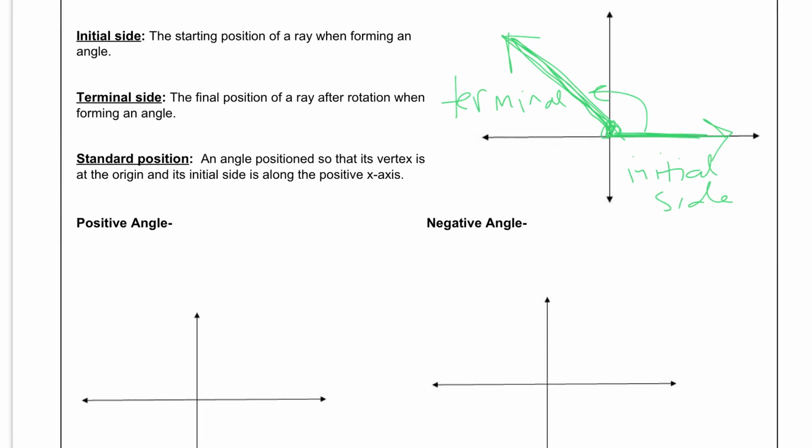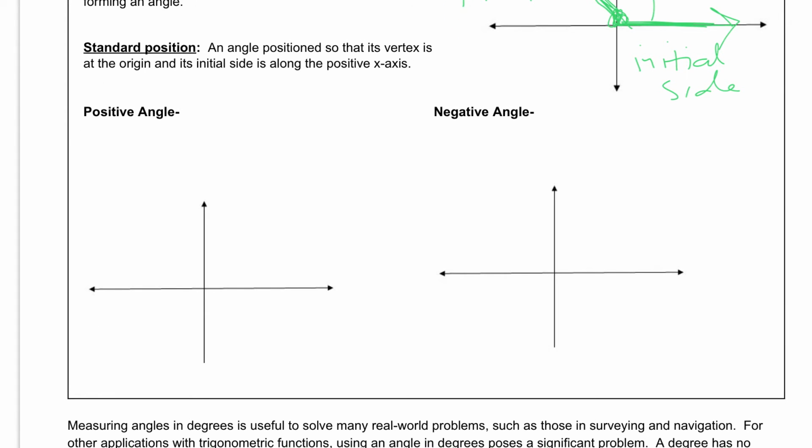We also are going to be dealing with positive and negative angles. So if we think about positive angles, they are going to be rotating counterclockwise. So it's going to start here, and then it's going to rotate in this direction. This is going to be a positive rotation, so it's counterclockwise.